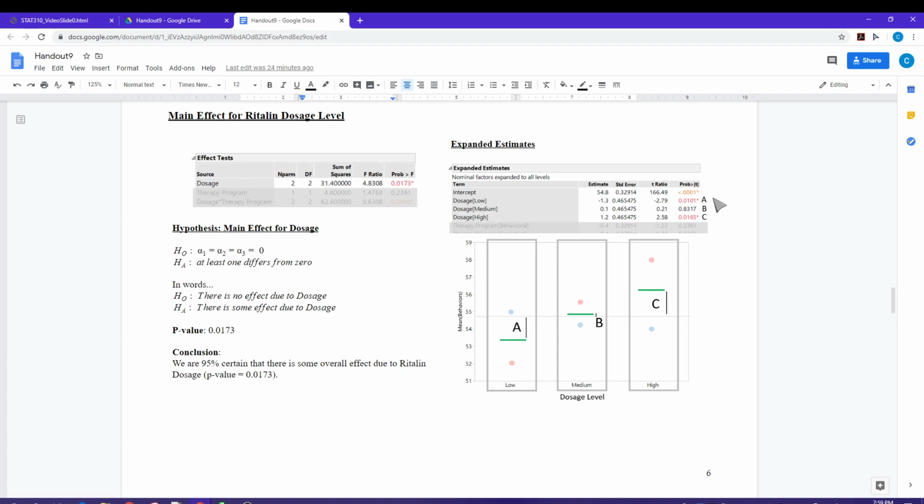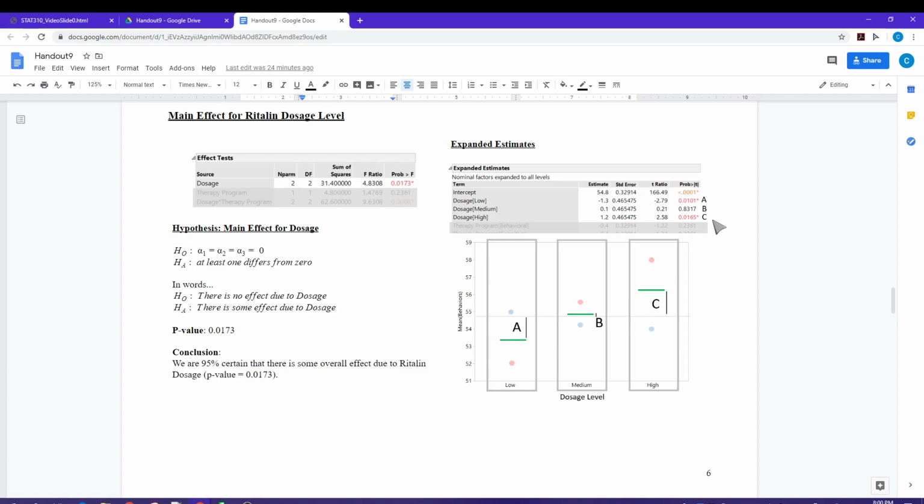How about p-value B? As we can see from the medium level is almost right on top of the average effect here. So there really is no effect to dosage level medium. How far away is this average from the grand average? Not very far at all. So I don't need any adjustment for dosage level medium here. I will need an adjustment for dosage level high.